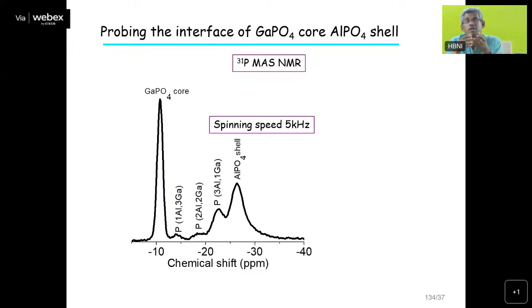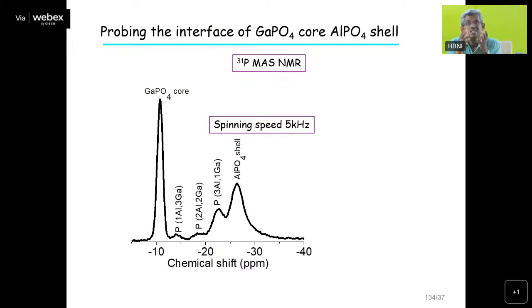Or there is another common ligand called CTAB, cetyl trimethyl ammonium bromide, etc. These are ligands which come and stabilize the core nanoparticles. So by using soft chemistry, you have made gallium phosphate nanoparticles stabilized with ligands. Ligands are required, otherwise they aggregate and you get bulk material.